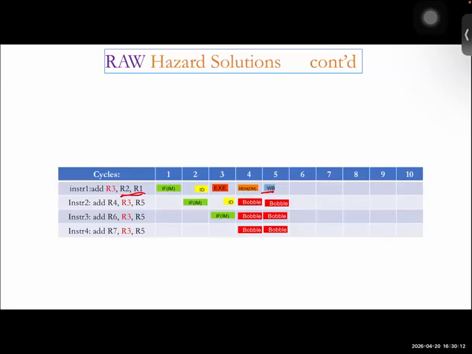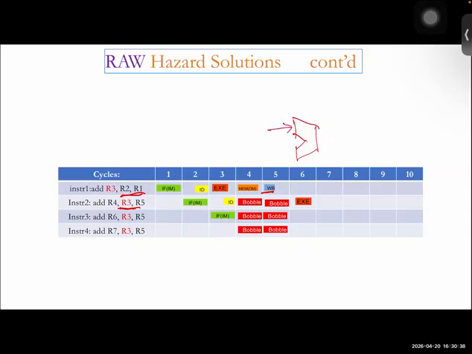At the sixth cycle, instruction 2 moves into the execution stage, because by that time instruction 2 will get the correct source 1 value, that is the correct R3 value. At this time, instruction 2 takes 2 inputs to the ALU.